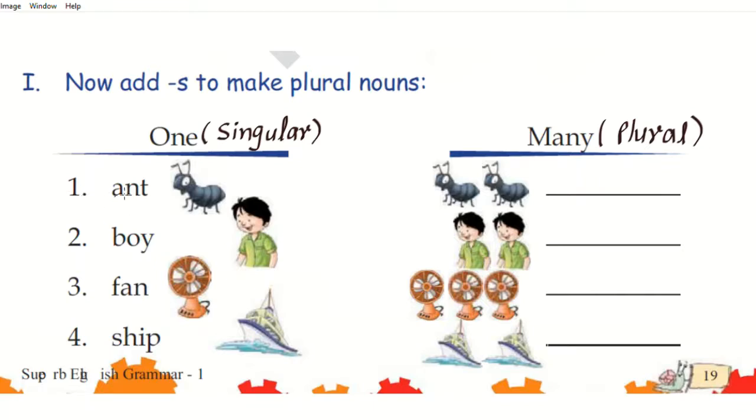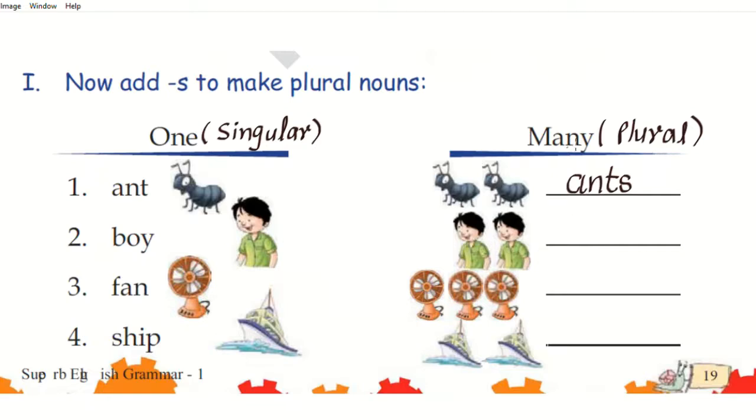So here we will convert a singular into plural. Number 1. Aunt. Many aunts. We will add s with aunt to make plural of it, aunts.